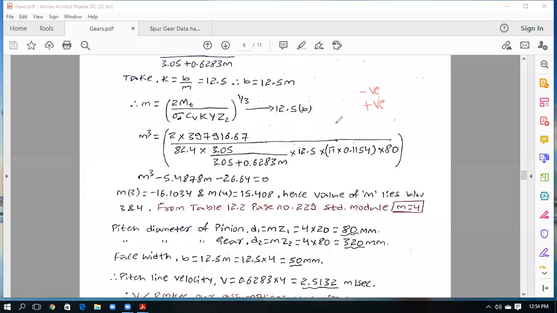And when you substitute m is equal to 4, you will get a positive value, that is 15.4. This indicates that the m value is in between 3 and 4. Usually we take the greater number, that is m is equal to 4, and from the calculator also you get 3.57. Therefore m is equal to 4 I will take.